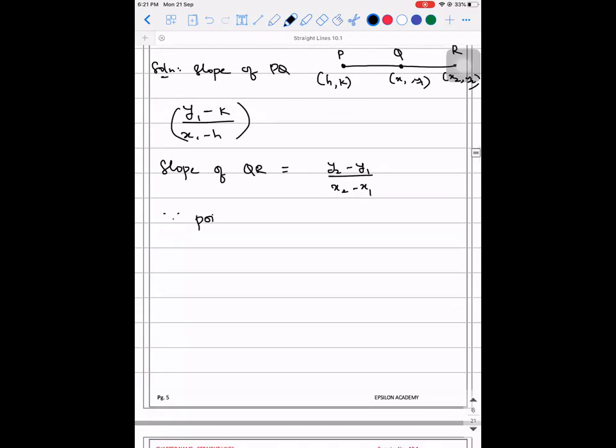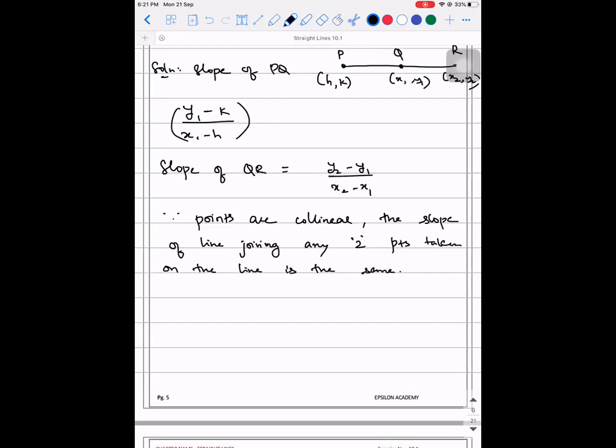Since the points are collinear, the slope of the line joining any 2 points taken on the line is the same, which implies the slope of PQ is equal to the slope of QR.